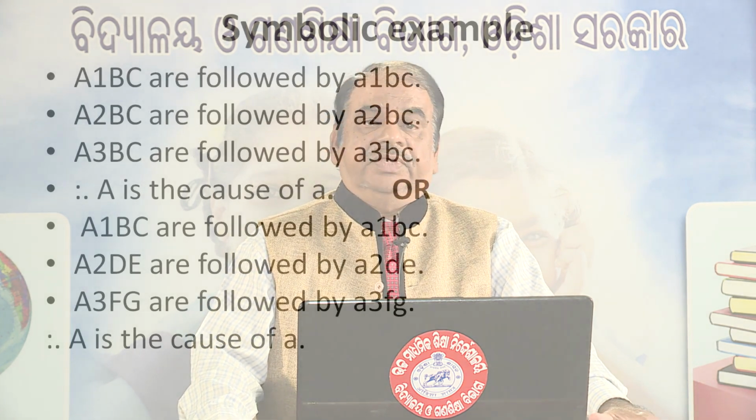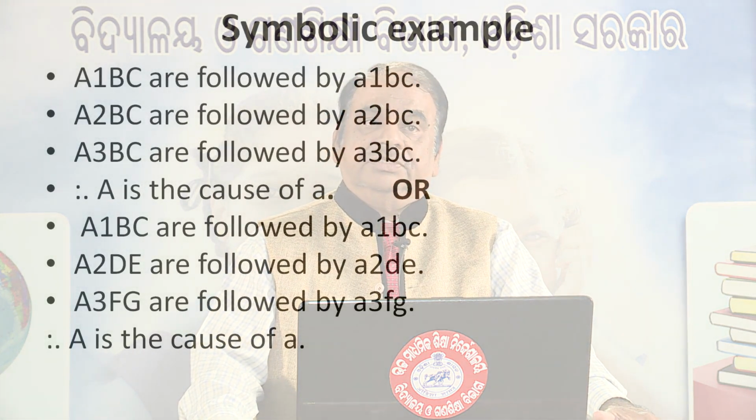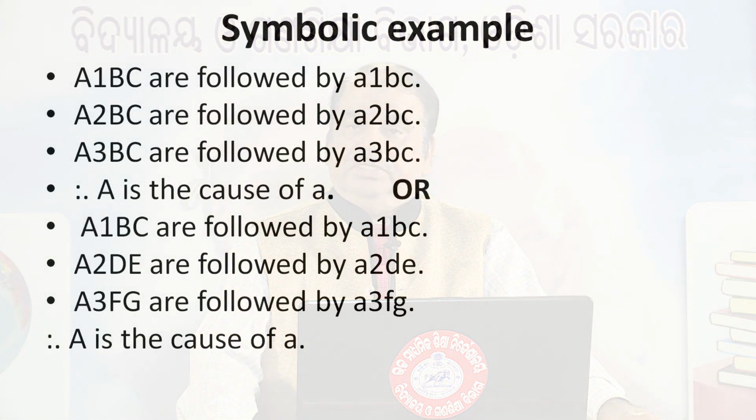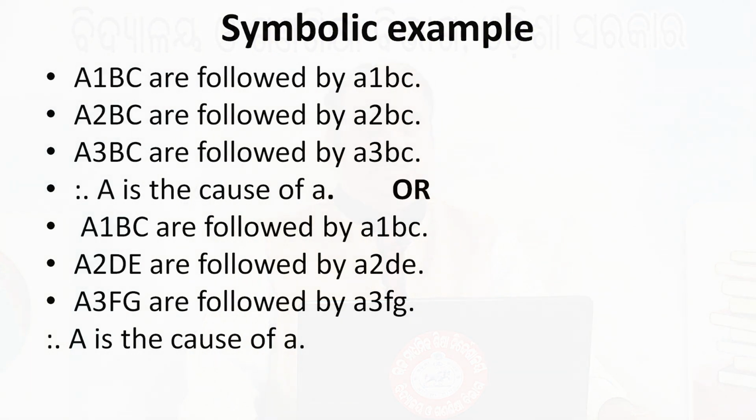Like others, capital ABC refers to antecedent factors and small letters abc refer to consequent factors. Now, A2 instead of A1, again A2 BC followed by a2 bc, A3 BC followed by a3 bc, therefore, A is the cause of a.